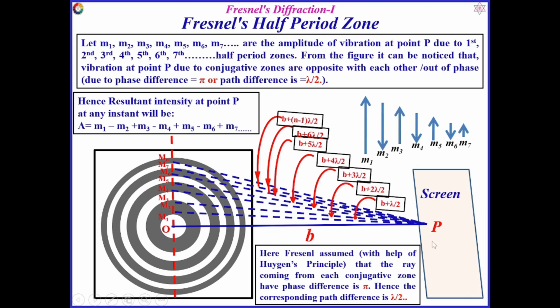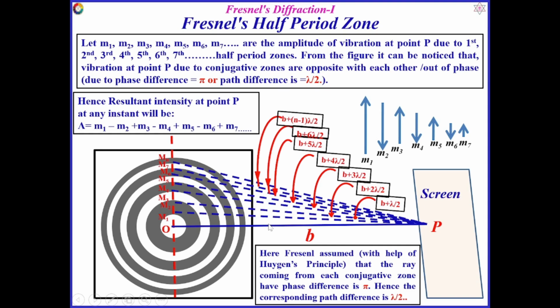Now we are going to consider what will be the intensity at point P by considering all the half period zones. As we discussed, the path difference between the two rays coming from the first half period zone and second half period zone is lambda by 2.